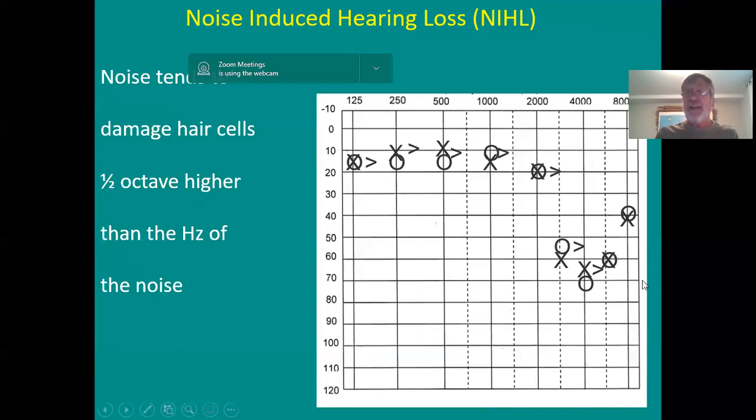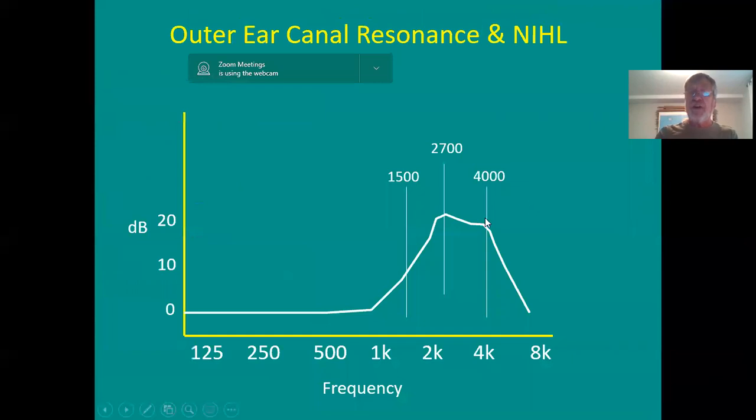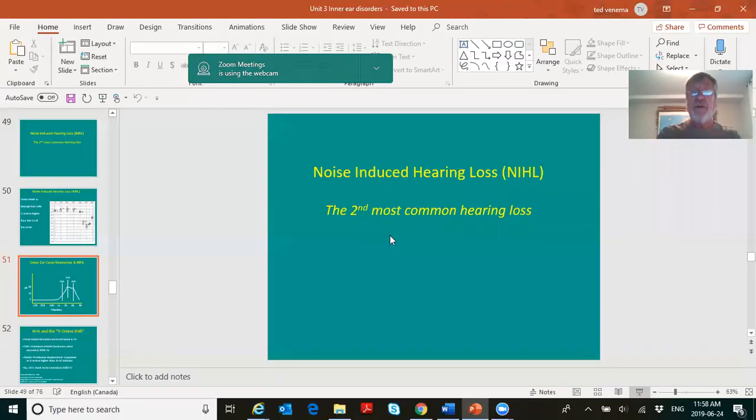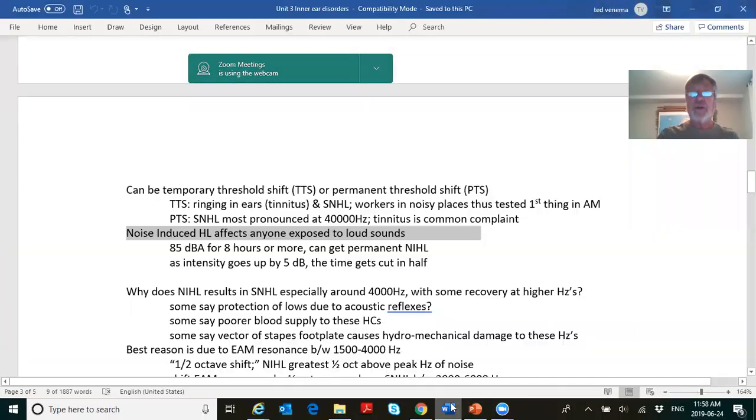The very fact that it gets better again at 8,000 hertz hinges largely on the fact that this goes down. So you're taking this resonance, shifting it to the right a half an octave and flipping it upside down, thus giving you the shape of noise-induced hearing loss.